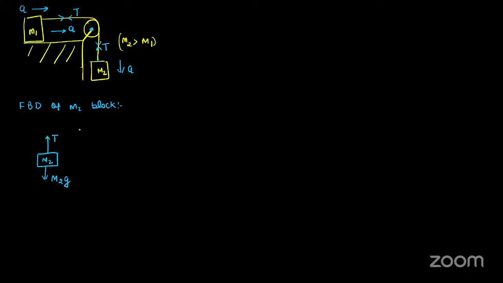Upside there is only tension, and this block is moving downward with an acceleration A. So what will be the Newton's second law equation? M2G minus T equals M2A. This is equation number one. Why is M2G positive and why is tension negative? Because M2G is in the direction of acceleration, and tension is in the opposite direction of the acceleration. Okay? Chalo, this has happened for M2.